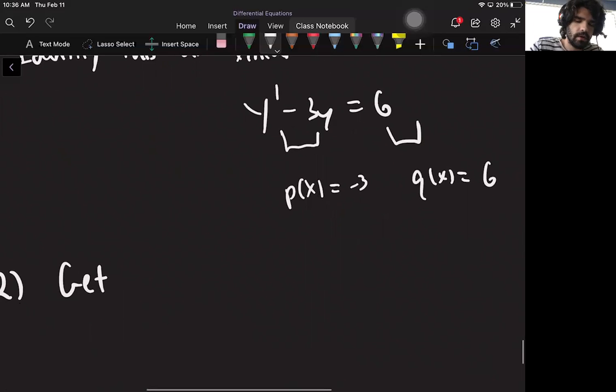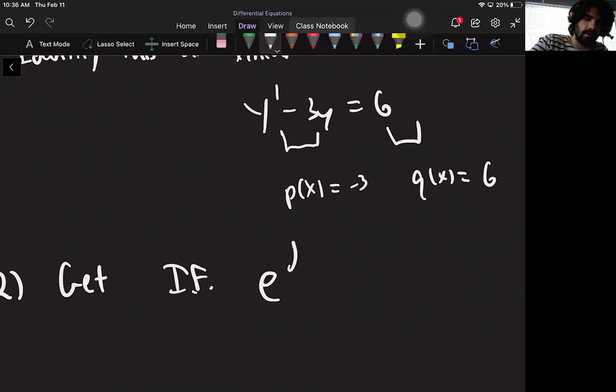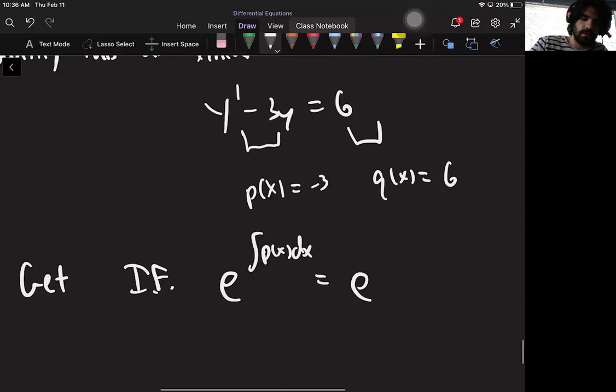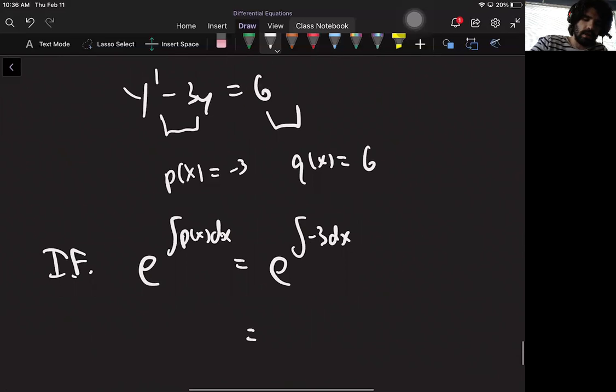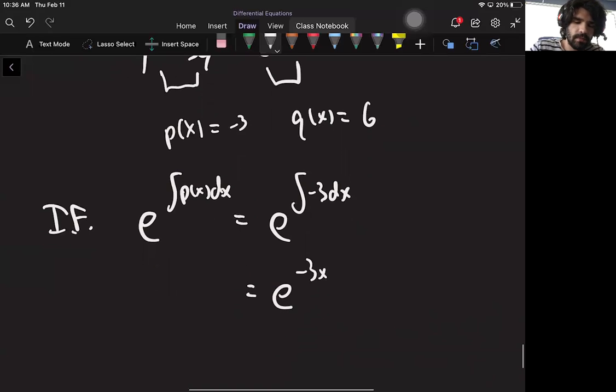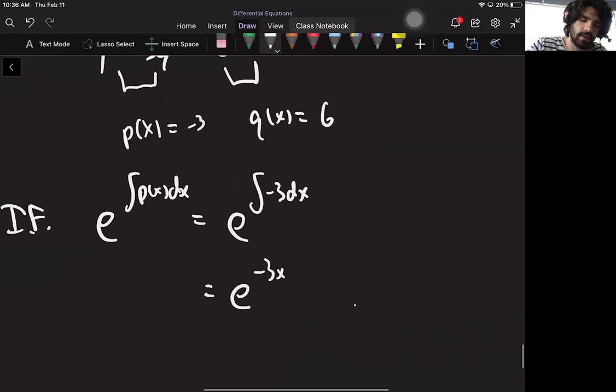So let's do that. So now I'll get the integrating factor, and it's always e to the integral of p of x dx. So e to the integral of -3 dx, which is e to the -3x. Now, note, I'm not going to put a plus c like I did last time.